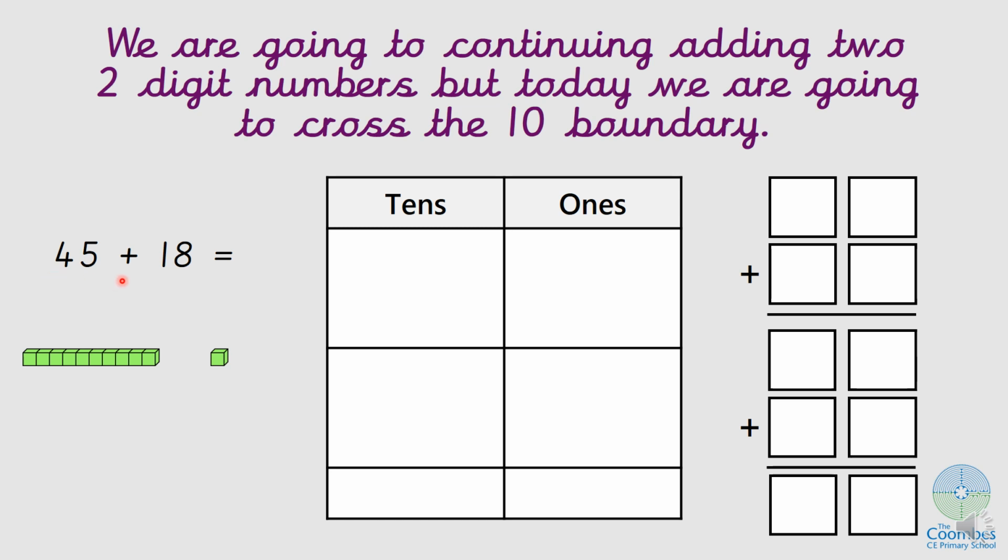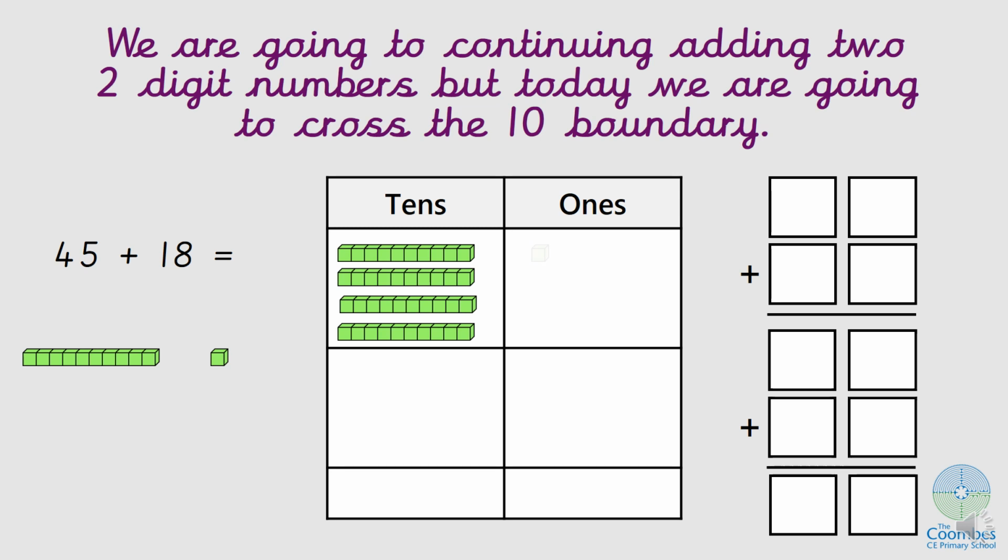So we've got 45 add 18 equals. Let's use our Deans to put it in the grid. How many tens in 45? There are 4 tens. 1, 2, 3, 4. And how many ones in 45?